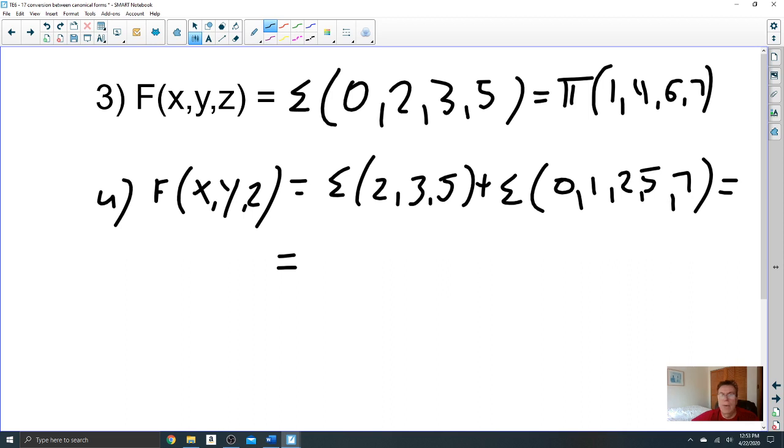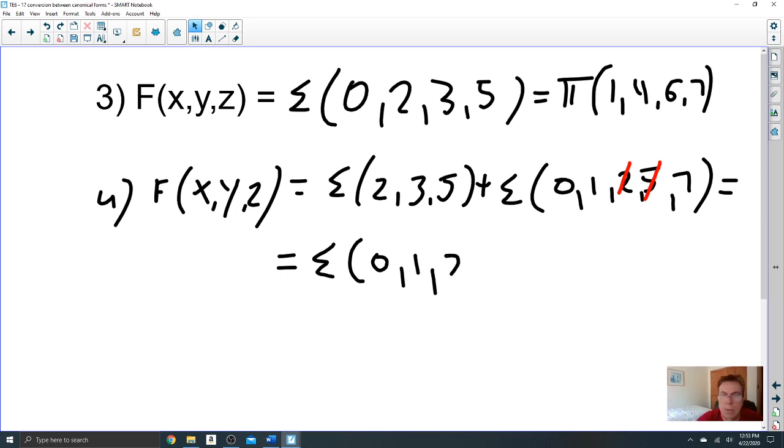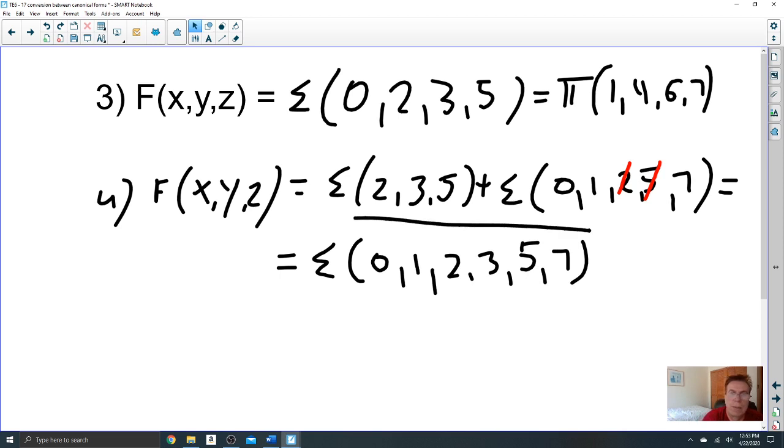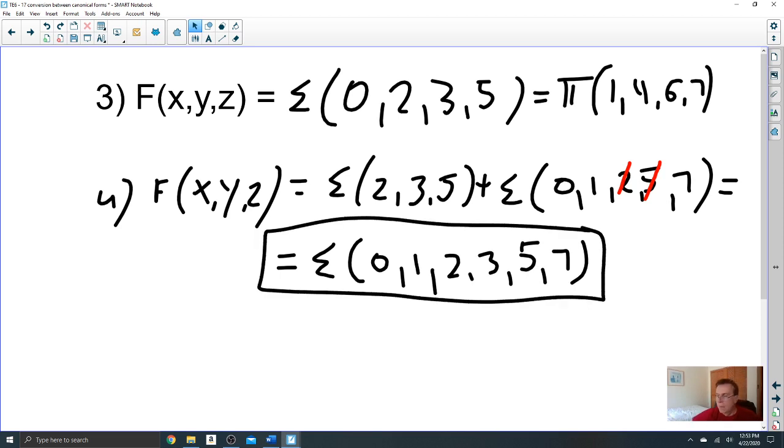Minterm 2 repeats itself, so you can just cancel. Minterm 5 repeats itself right here. So the answer will be just one sum of minterms 0, 1, 2, 3, 5, and 7. That would be the answer.